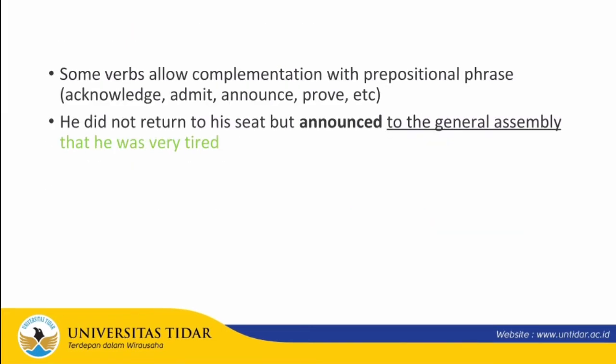Some verbs allow complementation with a prepositional phrase, such as acknowledge, prove, etc. He did not return to his seat but announced to the General Assembly that he was very tired. That's the example.